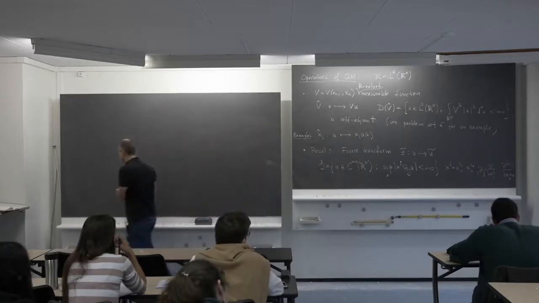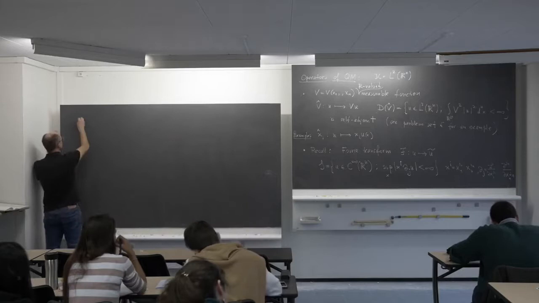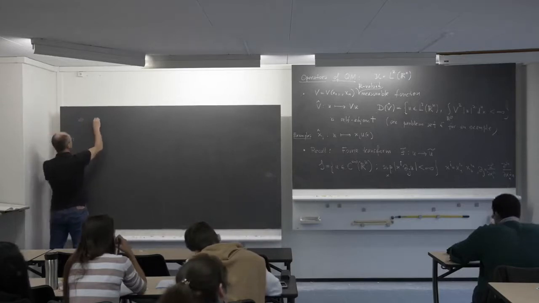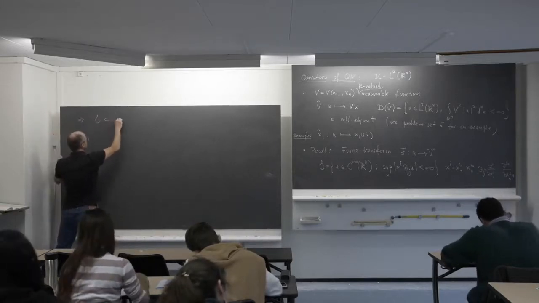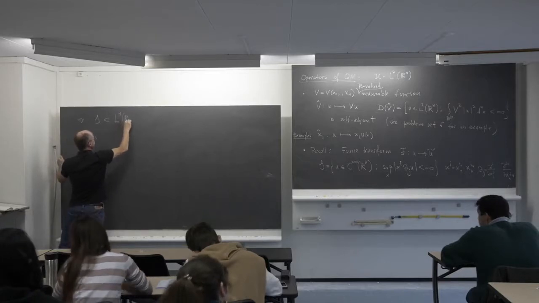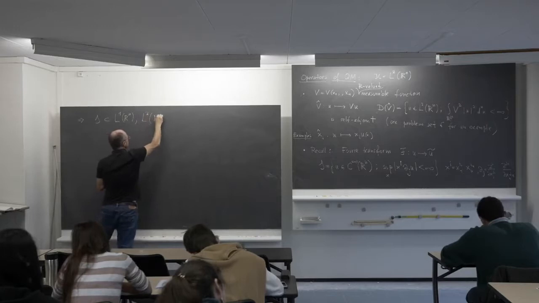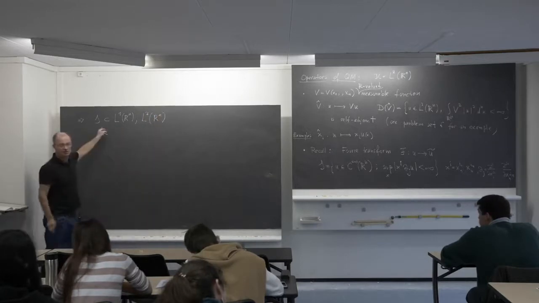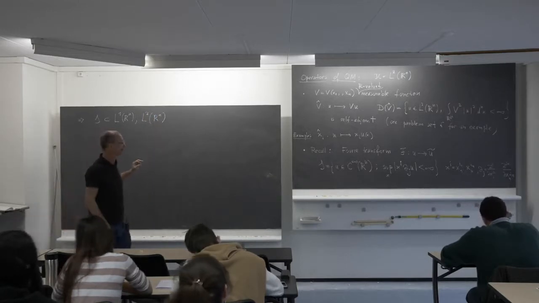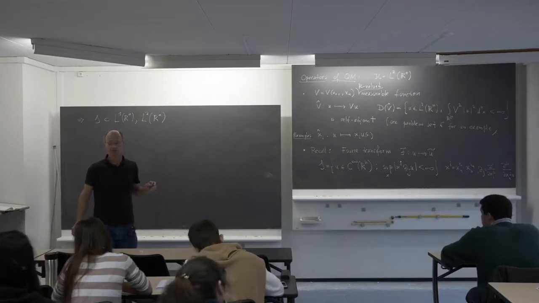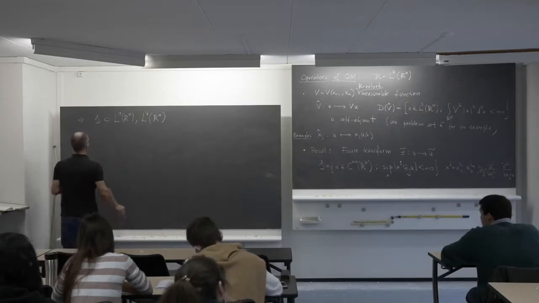This implies, among other things, that the conditions on S are very strong. In particular, this implies that the functions of that class are integrable and square integrable on Rn.